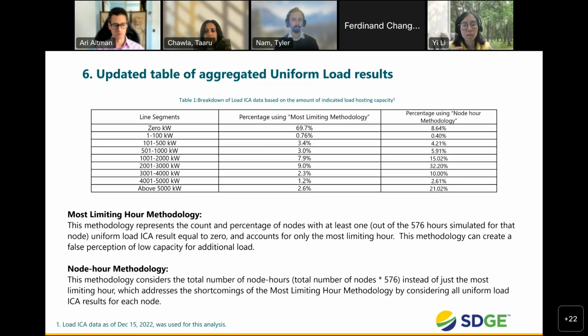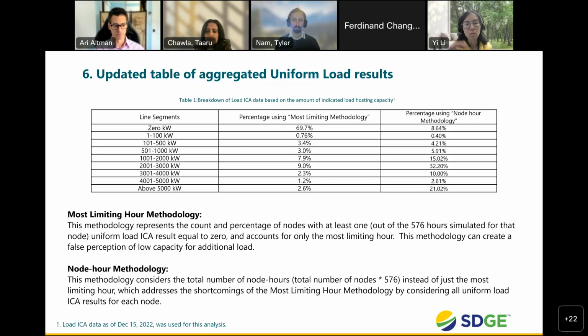I will say that I disagree with that characterization. The current ICA does use a nodal hour level analysis result. If you go to, for example, SDG&E's ICA portal and click on a location where you're interested in interconnecting a project, there's the option to download the 576 load profiles.